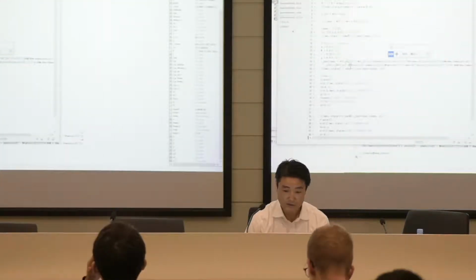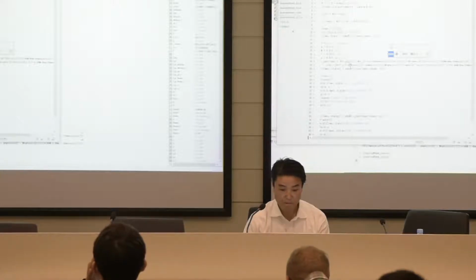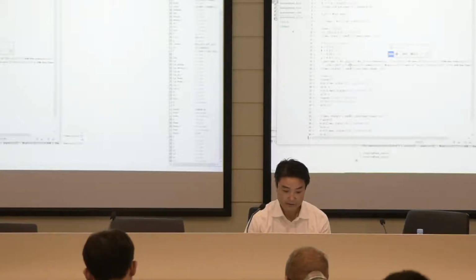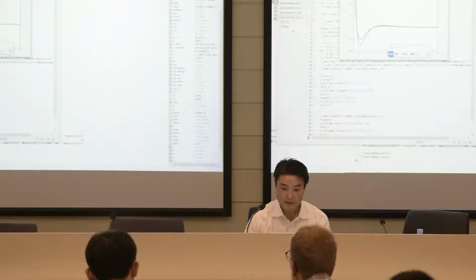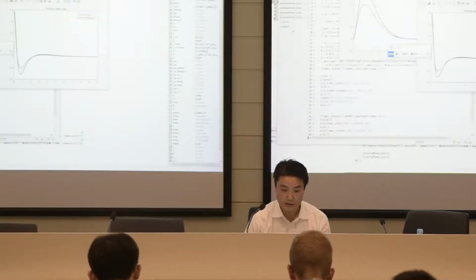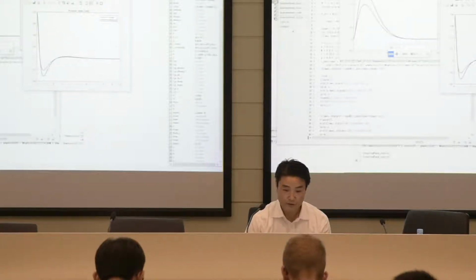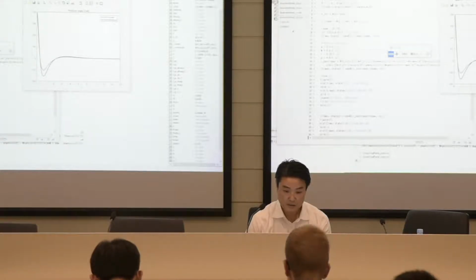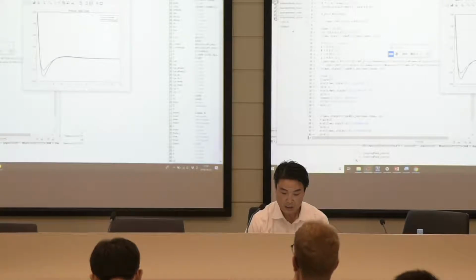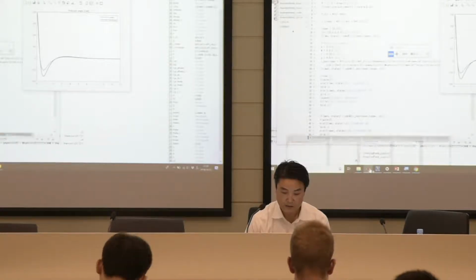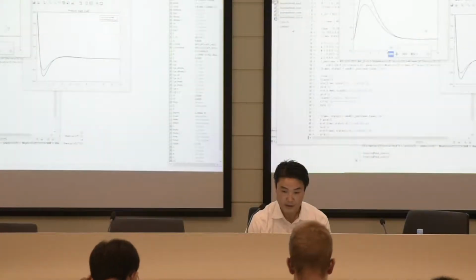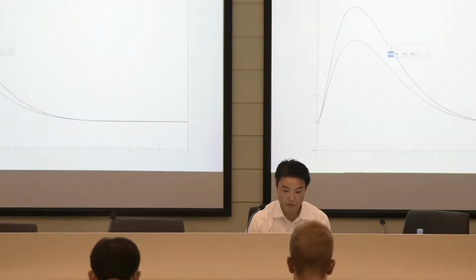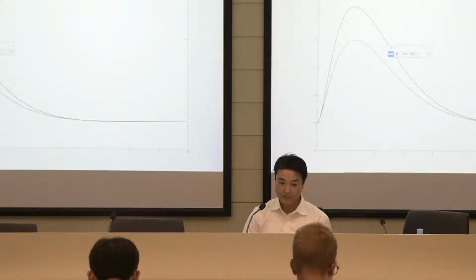Okay, so let's do the simulation. This is what you get. The first figure is the position, and the second one is the angle of the pendulum.